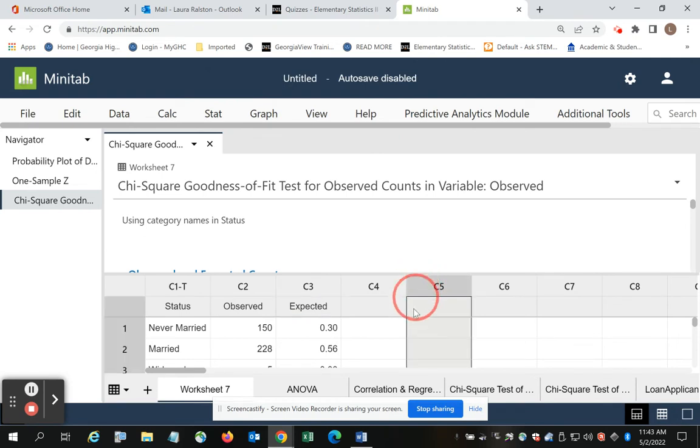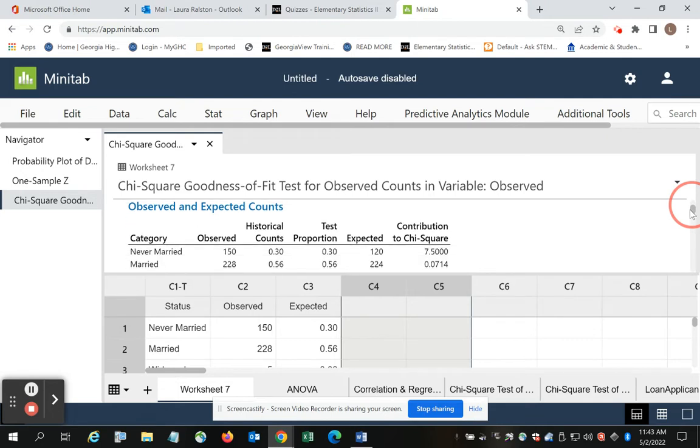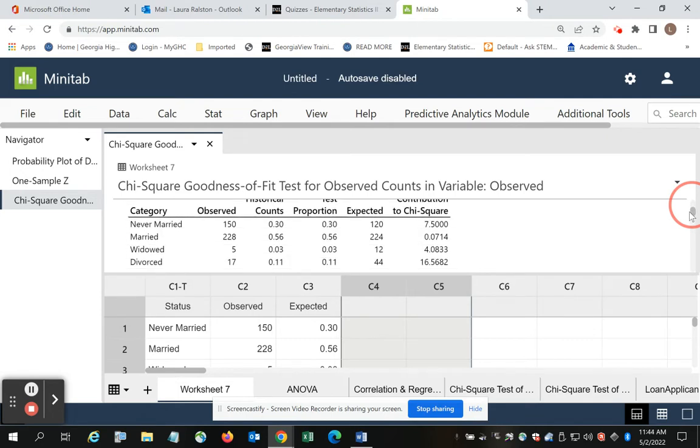And again, Minitab always gives us more information than we need. If you need the expected, based on the percentages that we gave it, we would have expected 120 people to never marry, 224 to be married, 12 widowed, and 44 divorced.